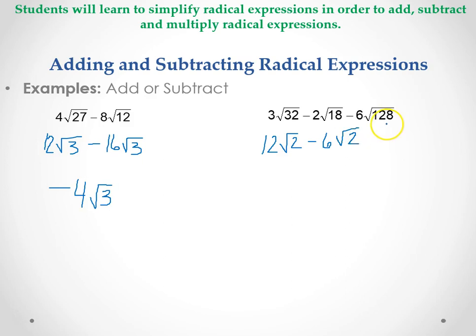And 128 is 64 times 2, so that's 8 times 6, which is 48 square roots of 2. So we have 12 minus 6, which is 6, and 6 minus 48, which is a negative 42.